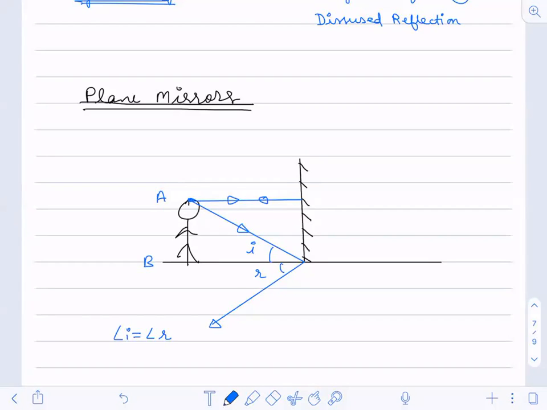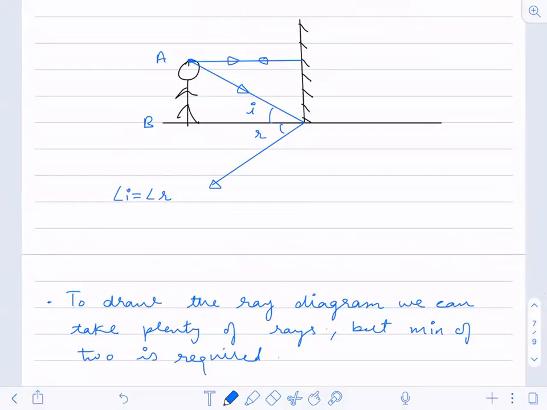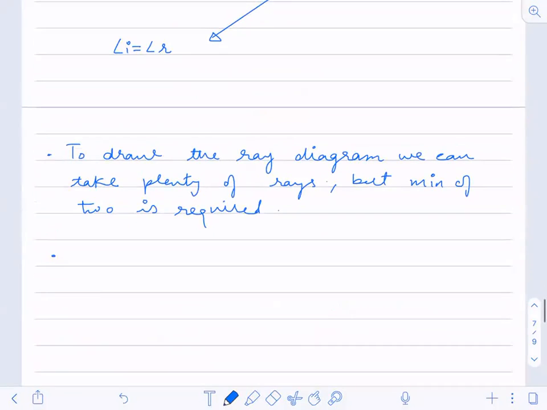Now again, I'm going to write one more point. So these are the rays coming out of the object. How will you obtain the image? Just see, I'm writing that point and then I will do that.